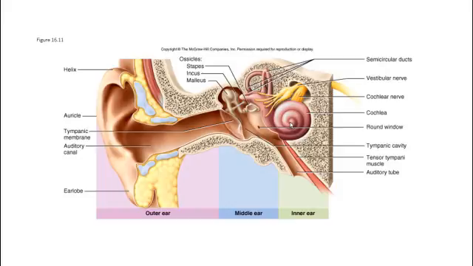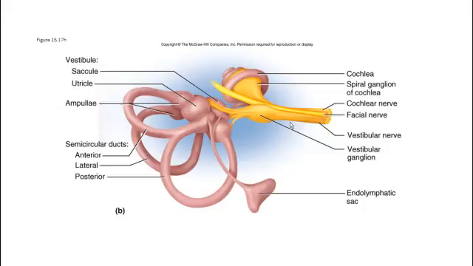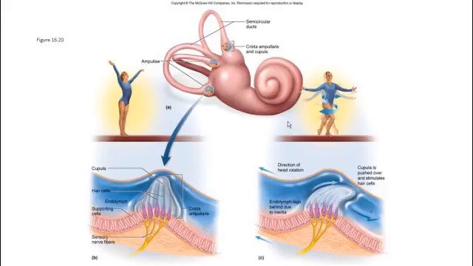oriented with our cardinal planes. So you have one in your sagittal plane, one in your horizontal plane, and one in the frontal plane. And so as you move your head in different positions, it causes fluid to flow through these canals. And here's another little inset.